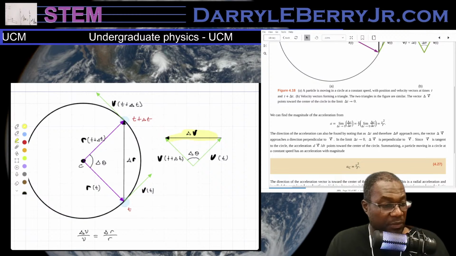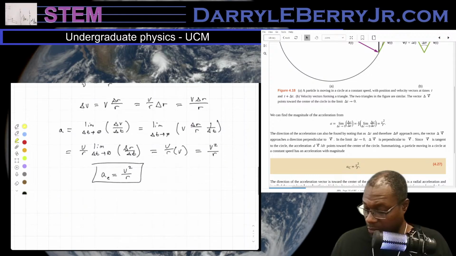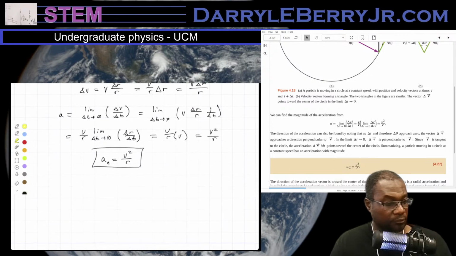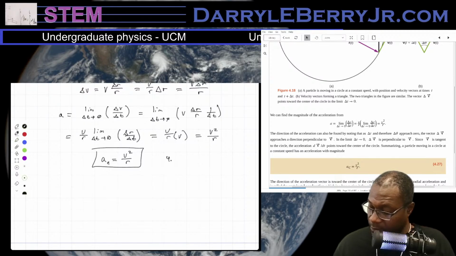Summarizing, a particle moving in a circle at a constant speed has an acceleration with magnitude a_c equals v squared over r. And this is equation 4.27.